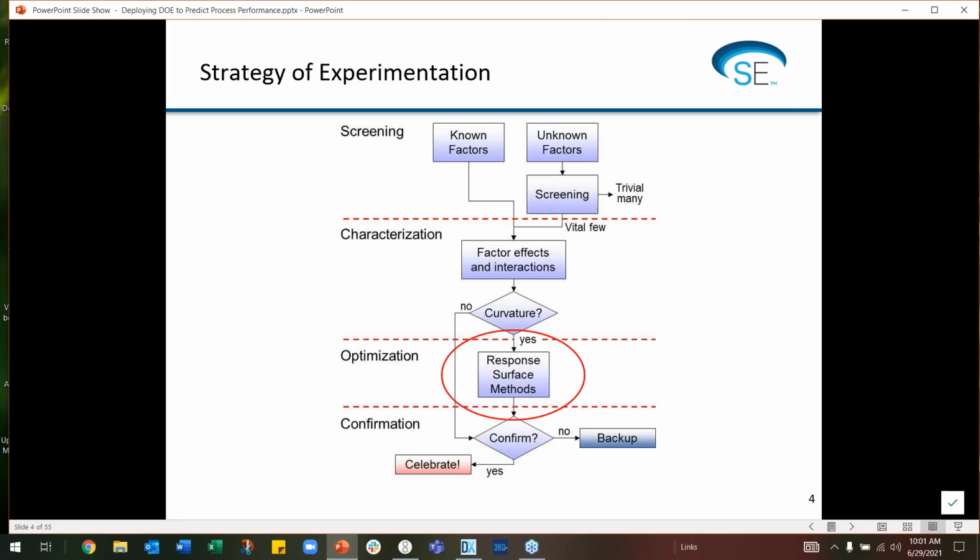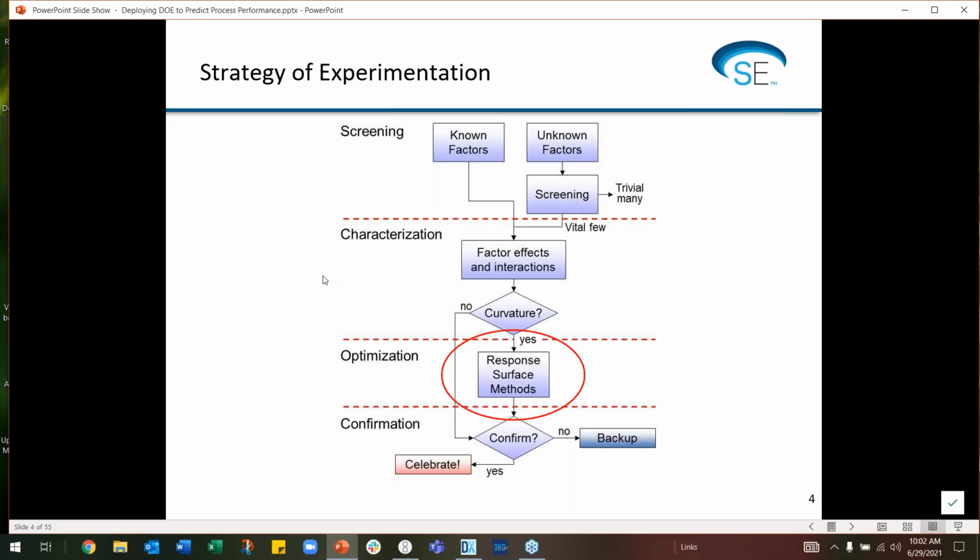So let's give a brief introduction to design of experiments in general. The strategy of experimentation generally looks something like this, where you start with screening or characterization designs. These are generally factorial designs, fractional factorial designs, and they are used to detect effects.